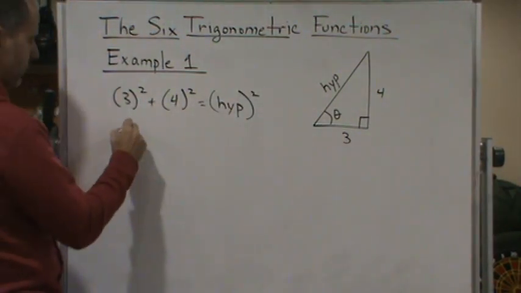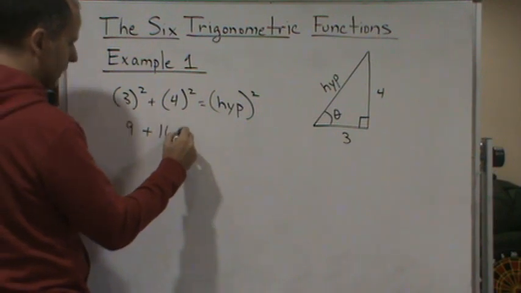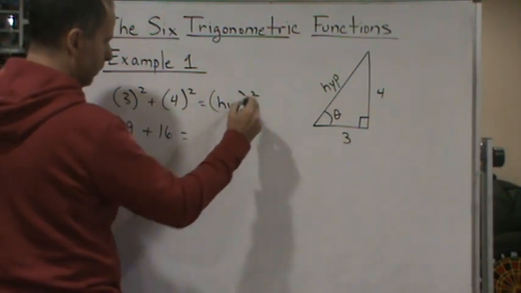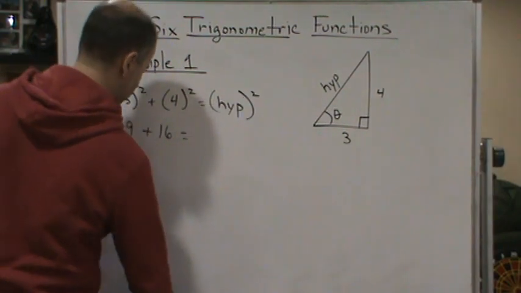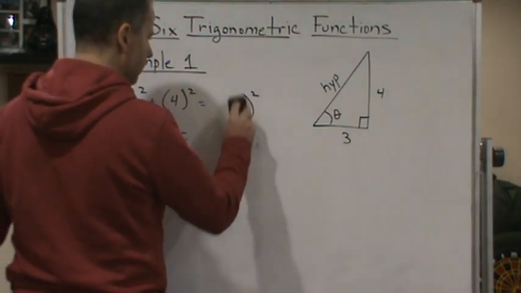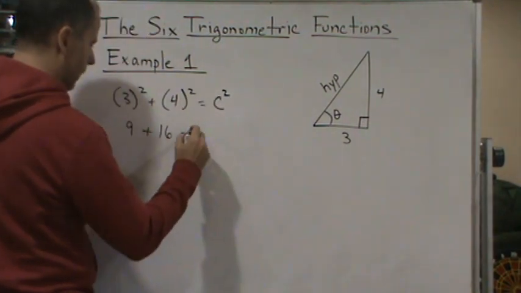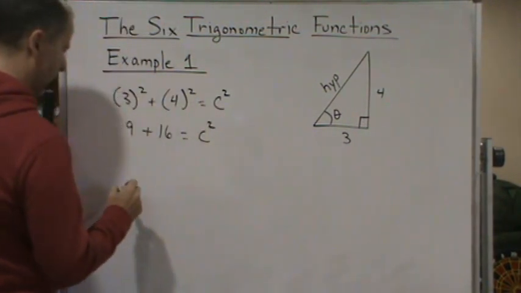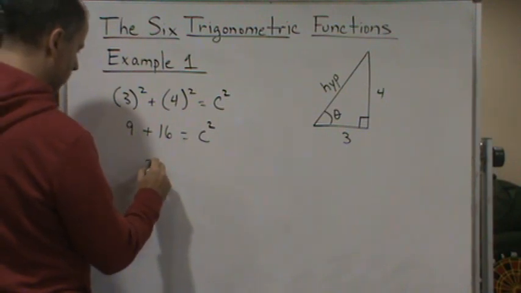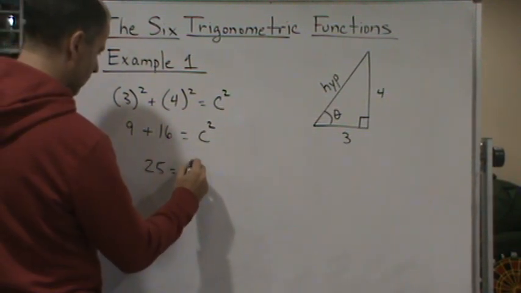That's going to be 9 plus 16 equals, I'm just going to use c here to make it easier, and that equals c squared. So this is going to be 25 equals c squared.